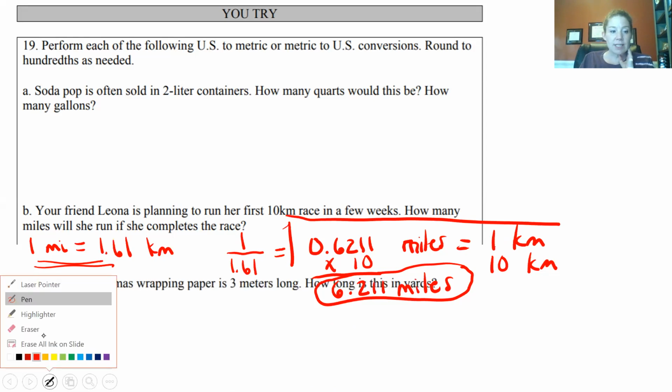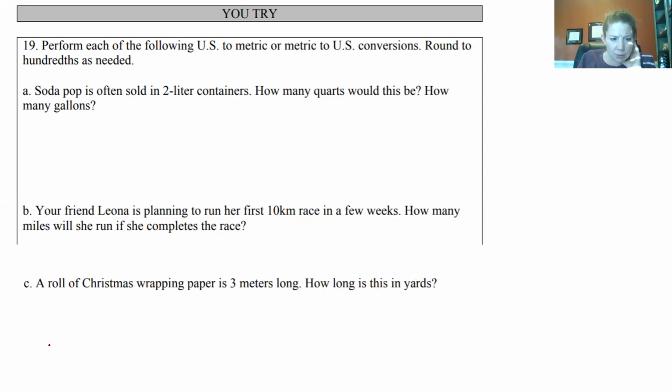All right, so let's look at letter C. A roll of Christmas wrapping paper is 3 meters long. How long is this in yards? One of our conversions on one of our tables gives us that 1 meter is equal to 1.094 yards.